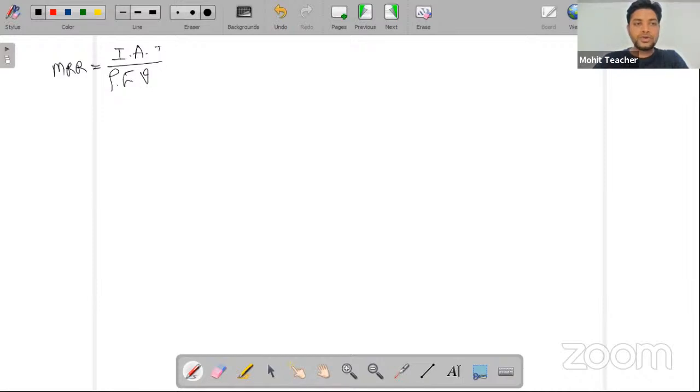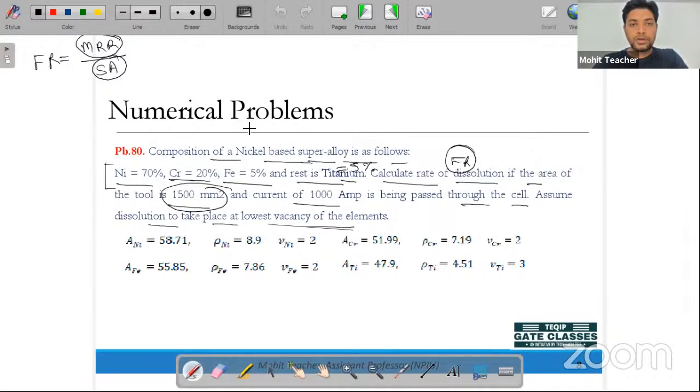But here it is not a single material. It's a nickel based super alloy, so 4 different elements are there. In one of the problems that we discussed in ECM, a binary alloy was there, and for that the density was given to you. But here separate densities are given to you. For nickel it is different, for iron it is different, for chromium and titanium it is different, and this value is in gram per cc.